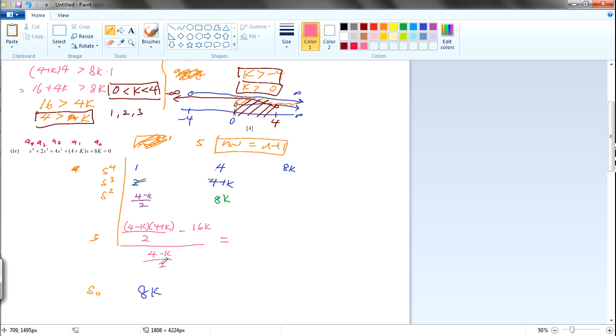So you can multiply everything throughout by 2, so I just cancel away the 2. So you have 4 minus k, 4 plus k minus 32k divided by 4 minus k. And then the rest I think you should understand how it works already, and eventually you will get some values.